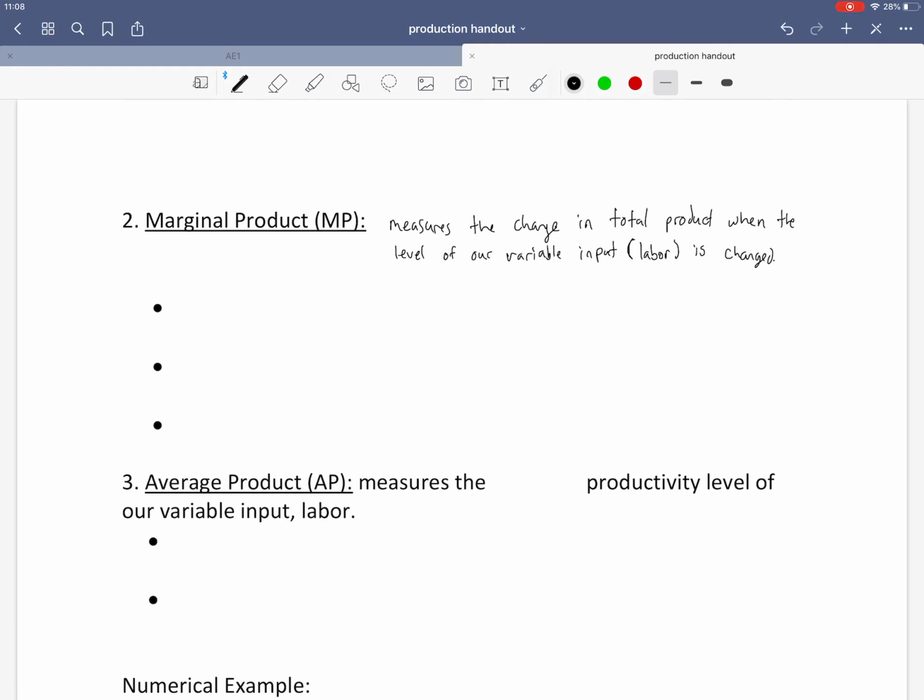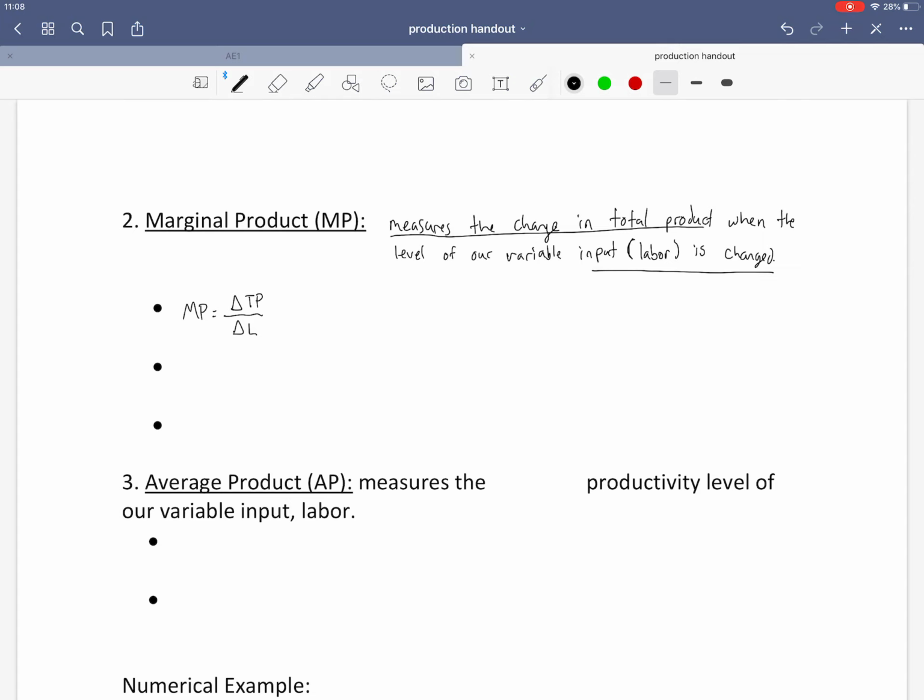So we have a simple formula to find our marginal product. So our marginal product is going to be equal to our change in total product over our change in labor. Because as the name implies, we said it measures the change in total product when the level of our variable input, so when labor, is changed.